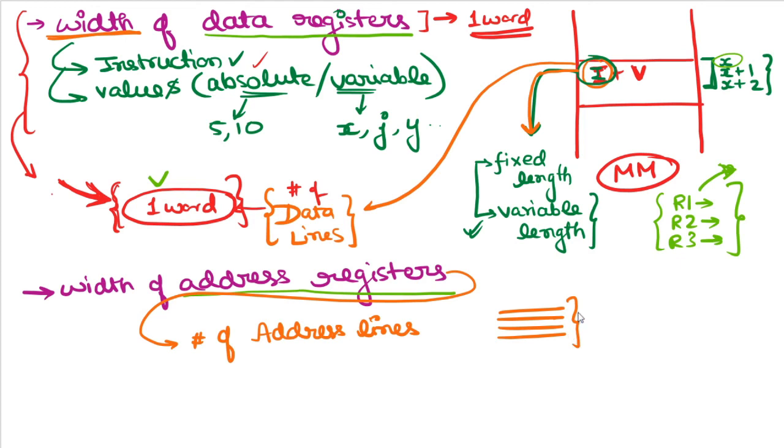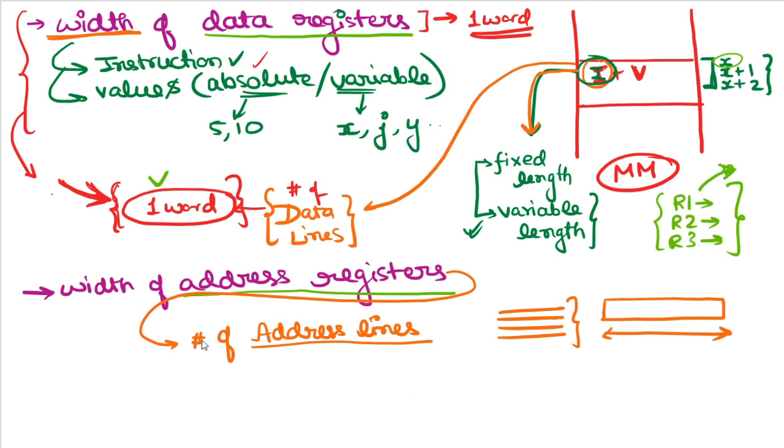If we are storing any address, we require only those number of bits which are required to represent an address. Therefore, the width of address register can be the number of address lines.